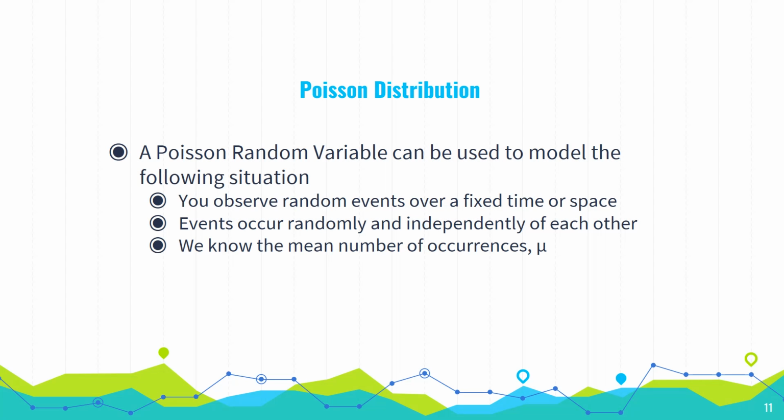A Poisson random variable can be used to model this situation. You are going to observe random events over a fixed period of time or a fixed space. For example, a fixed time could be an 8-hour workday, over which you observe how many phone calls you get.